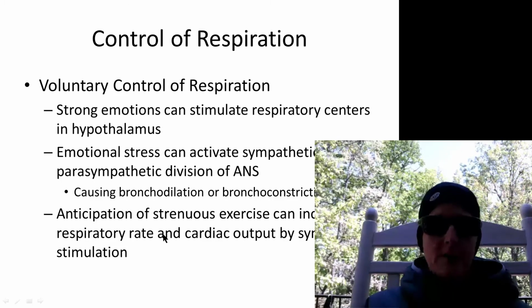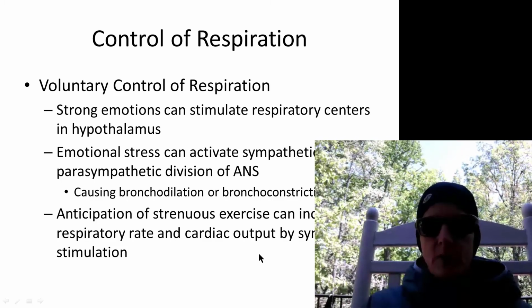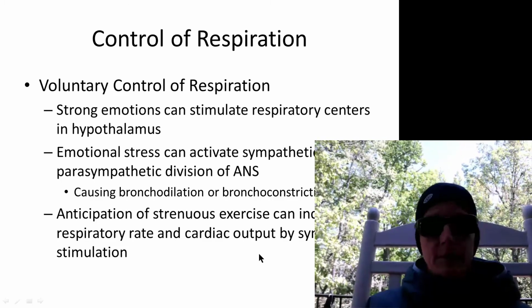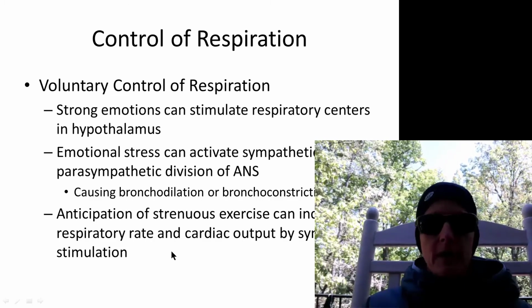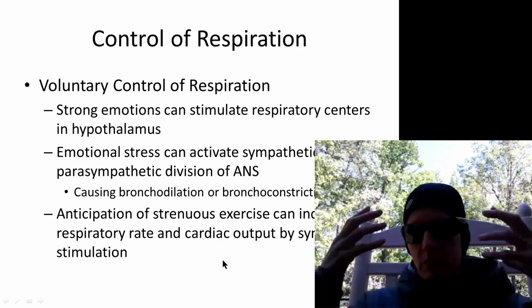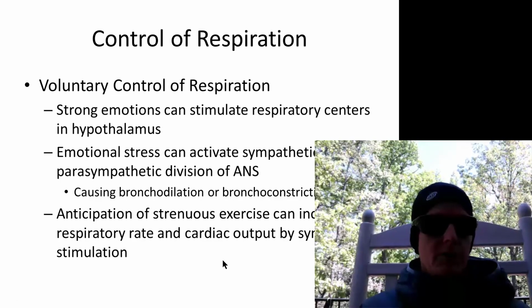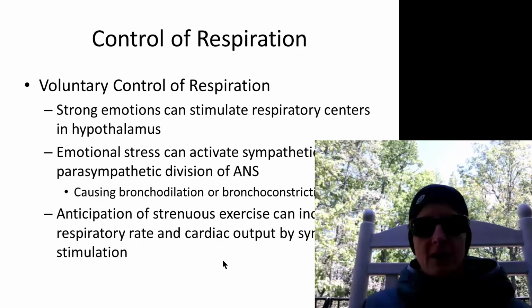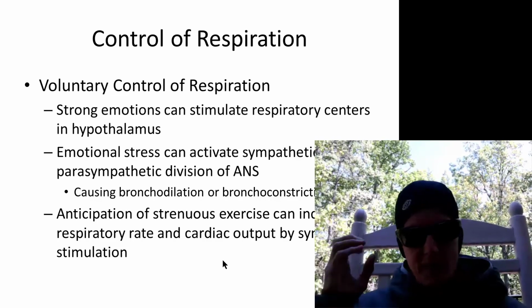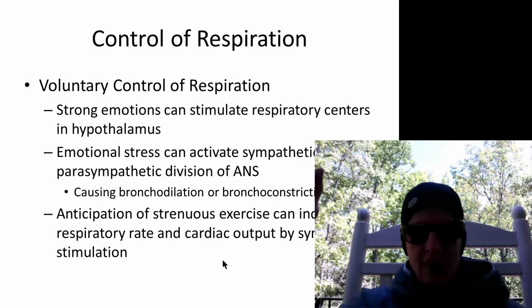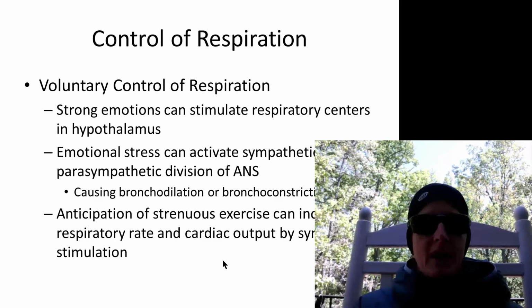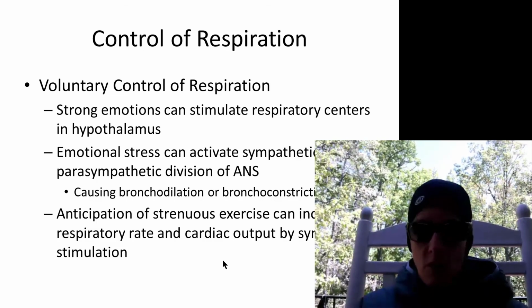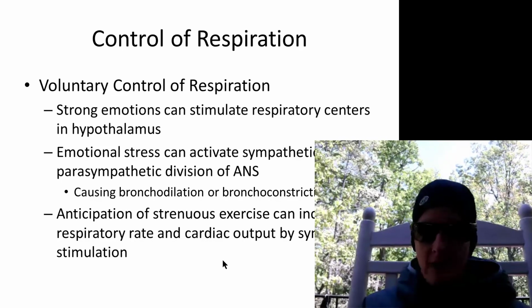So also anticipation of strenuous exercise. Not only can it increase your heart rate, but it can also increase your respiratory rate as well. And here again, this is usually sort of a top-down control of the sympathetic nervous system. Let's say you're standing on the start line before a race and you're expecting to go full bore when you have your mass start of your event, then your breathing rate and your heart rate have already started to modify themselves to meet the demands of that exercise.